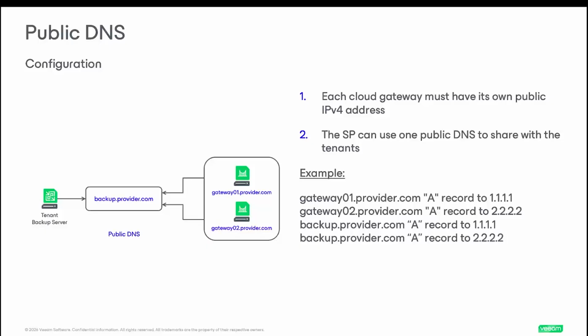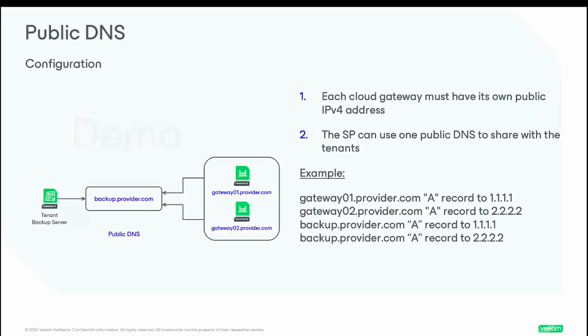This makes sure that if gateway 01 is unavailable, the tenant backup server will automatically fail over to gateway 02 and communication can continue. Backup data or application data can continue to flow over the other gateways.